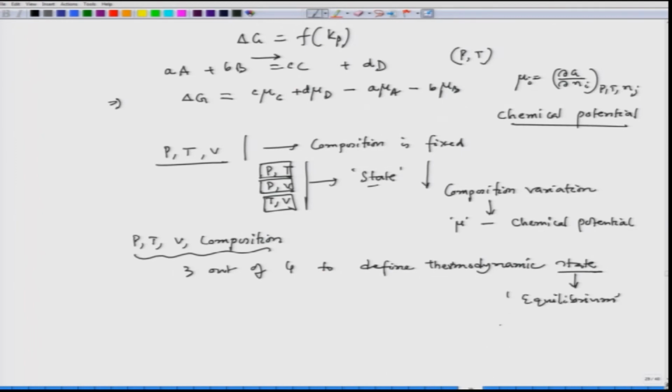Unless the system has placed itself at some position where all the parameters are fixed, we cannot define the system. If the system is moving in that particular PVT space, we will not be able to define its state.